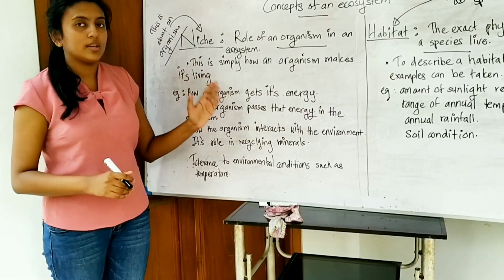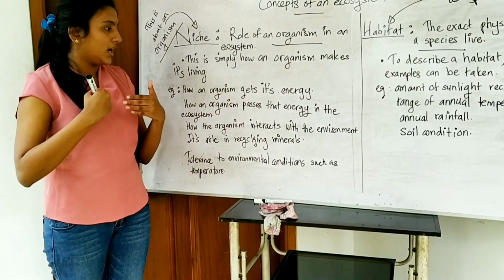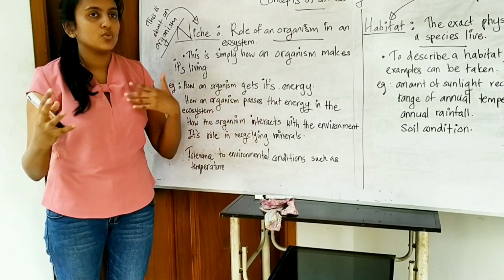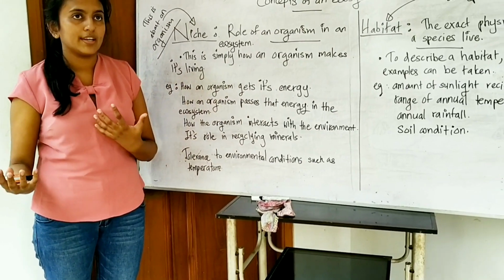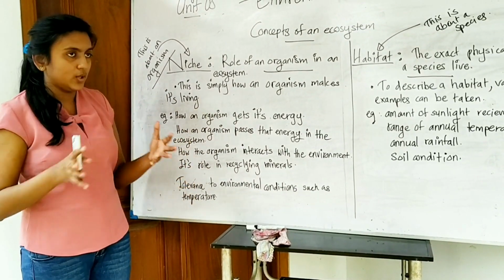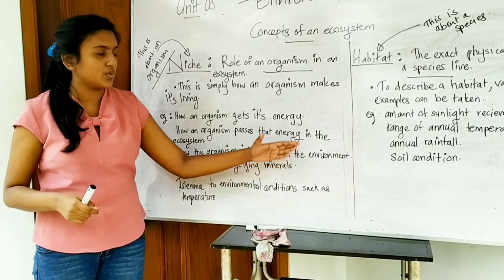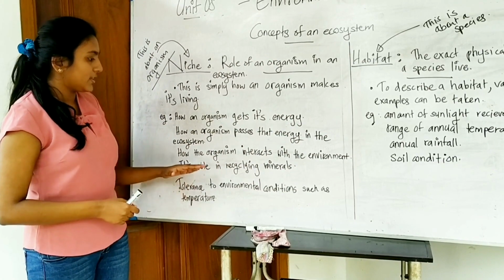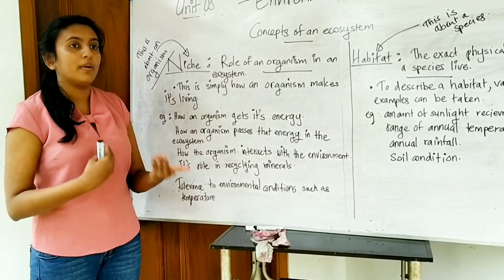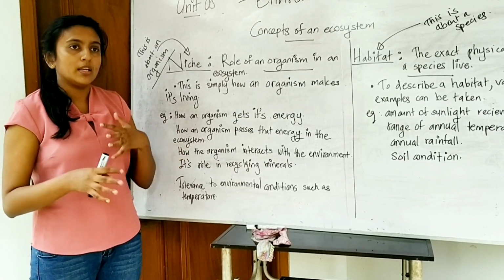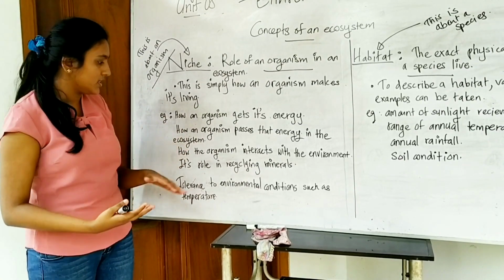Then how the organism passes that energy through the ecosystem. Then how the organism interacts with the rest of the environment. Without interactions, a particular organism cannot survive in an environment. So how the organism interacts with the other biotic and abiotic factors. Then its role in recycling minerals, which normally happens after death and also during other various processes.